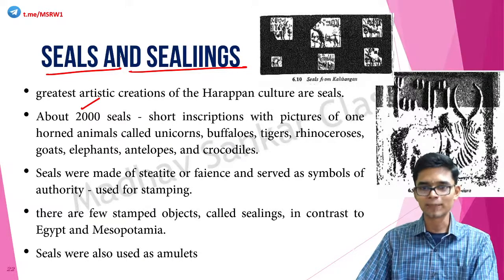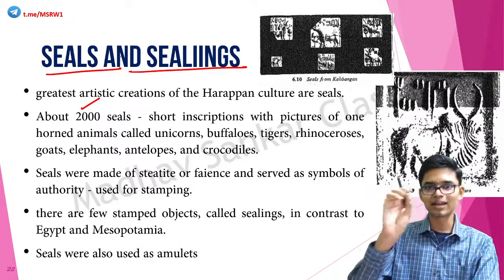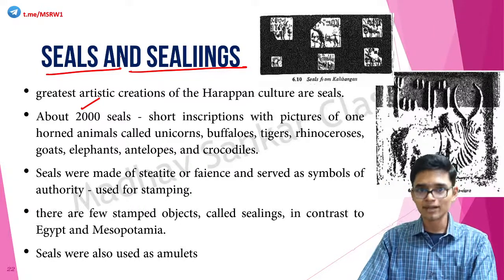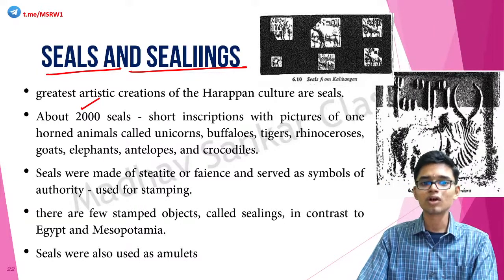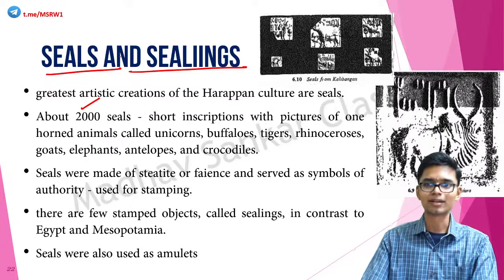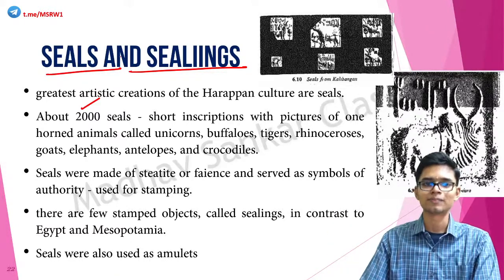There are plenty of depictions inside a seal, plenty of writing. Not lengthy writings, but still every seal is inscribed with some kind of pictograph, and we have an abundance of it. So this gives historians a better amount of data to go on with, unlike other things.